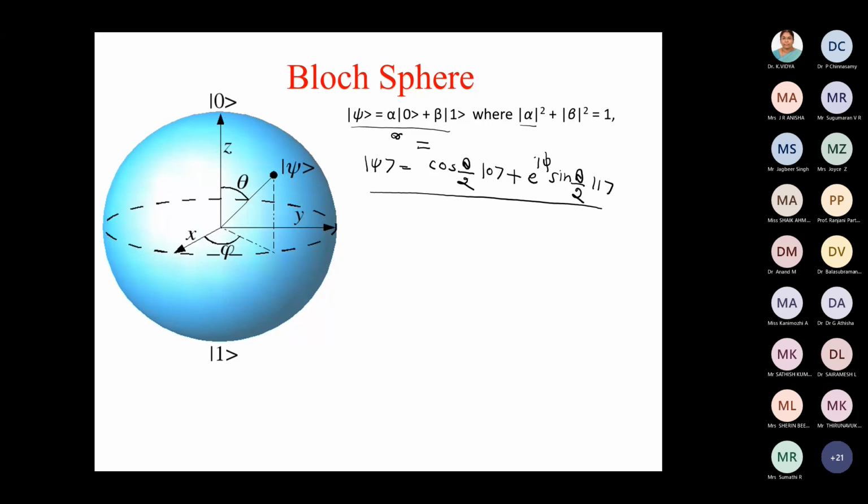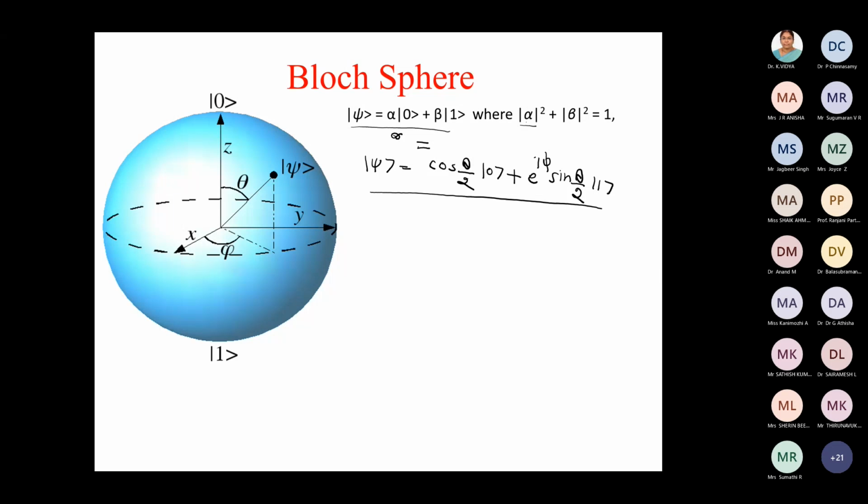So the modulus of this is 1, and this is also 1. So our condition is the same: mod alpha square plus mod beta square, the probability sum, is 1.